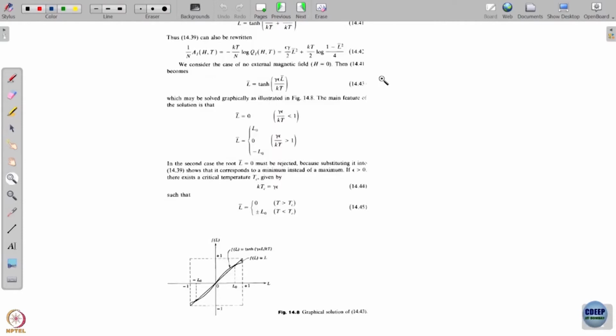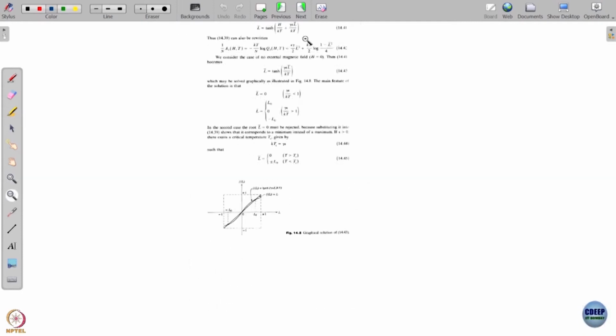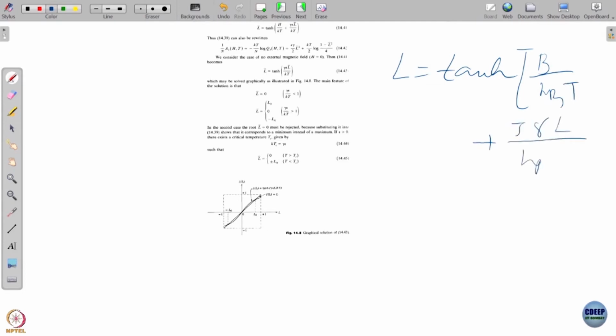Then, once we do that, I get an equation, which let me write down because it is not very visible here: L equals tanh of (B plus gamma J L, over kBT).